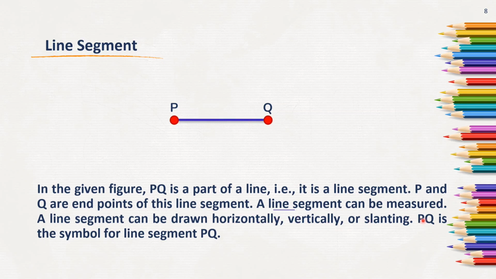Here PQ is the symbol for the line segment PQ. From here to here it is fixed. If you take a pencil and measure, approximately it could be 4 centimeters, and a 4 centimeter line is fixed. It cannot be extended in any way. So it is called a line segment.